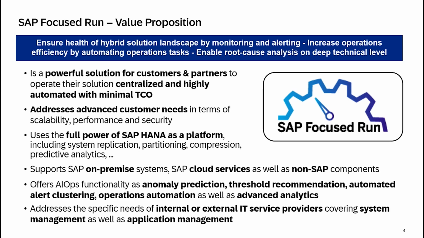And there is no problem to have, in the end, a combination of Focused Run and Cloud ALM in place. They work perfectly together already now, and we are heavily investing in more correlation aspects that can be used without any dependencies.